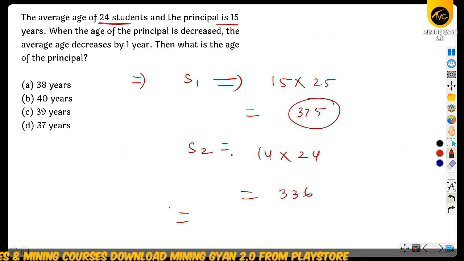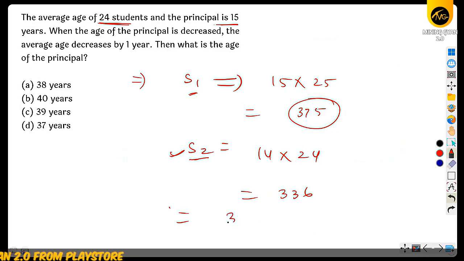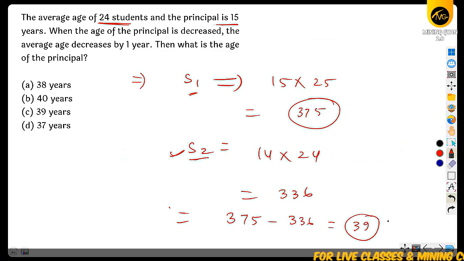You can consider this is S1 and this will be S2. Now just subtract the numbers. 375 minus 336. It will be 39. 39, na? 375, 336, 39.